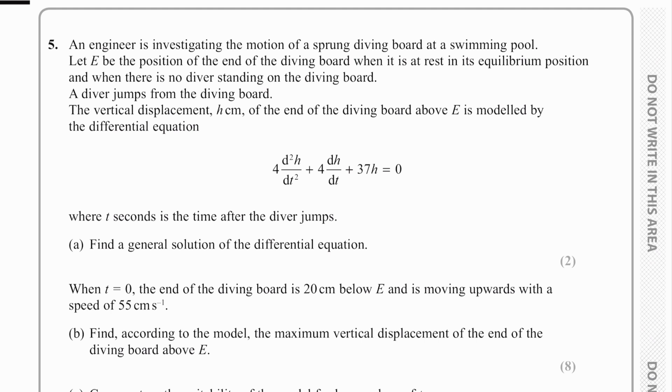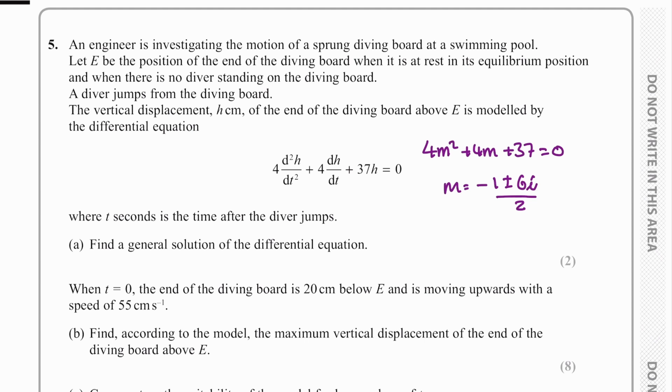So we're going to use an auxiliary equation where we get 4m squared plus 4m plus 37. So I've just taken the coefficients from here, and this equals 0. So now we can solve this equation, and we get m is equal to -1 plus or minus 6i over 2.